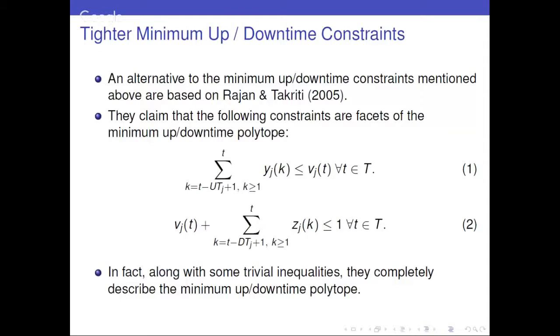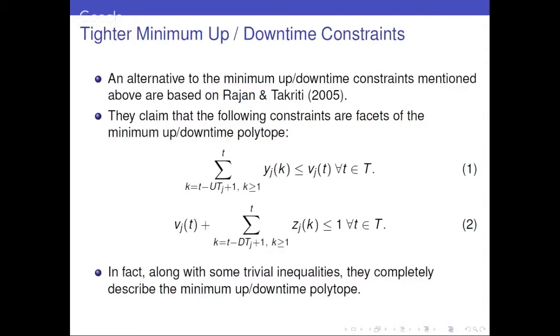If it was turned on within the last UT periods, then the corresponding V for this period has to be 1. It's expressing things a bit differently. And the same thing, if you just turned off within the last DT periods, then this V is going to have to be 0. You're going to have a 1 in here. This whole thing is at most 1, so this guy has to be 0.